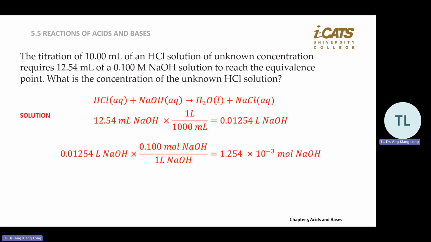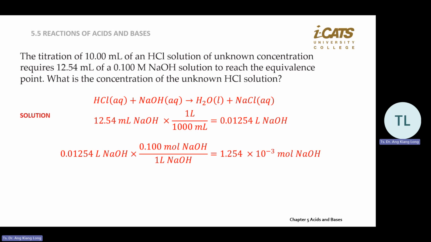Second step, you need to tell me you are calculating the number of moles. So you put it in this calculation. You need to tell me what you are actually trying to do.